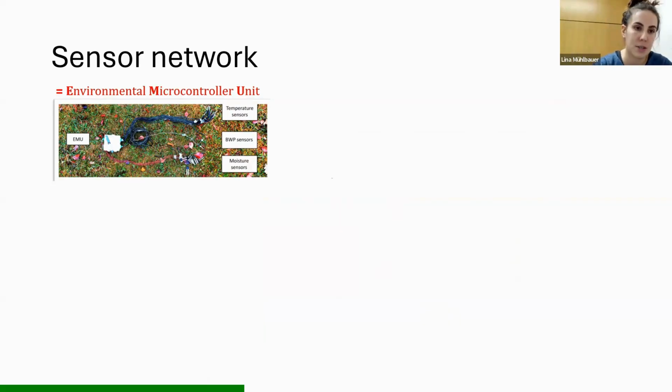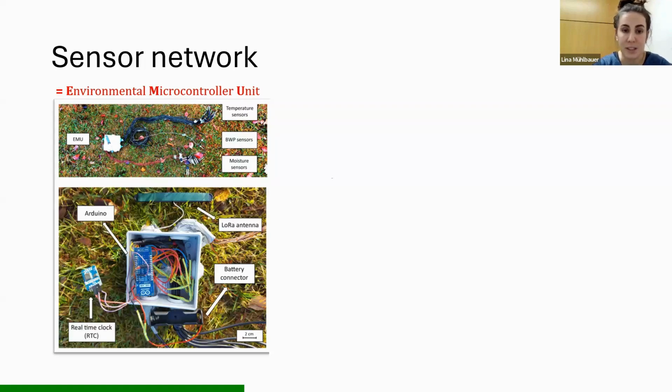The picture shows a short overview: a box where the brain, the Arduino microcontroller, sits, and then several sensors: 10 moisture sensors, 10 temperature sensors, and additionally one BWP sensor, a more expensive moisture sensor for comparison, which was developed by one of our co-authors.